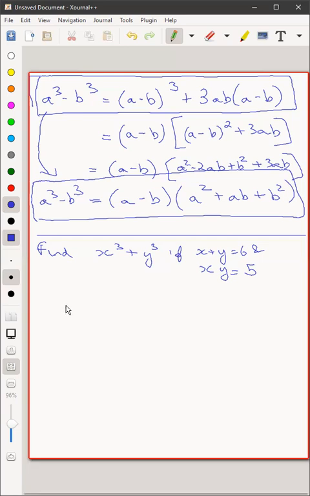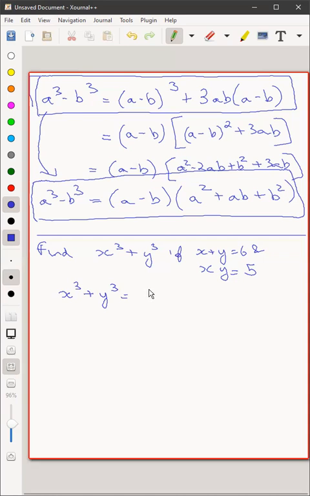Samita, let's solve this. Yes, sir. Tell me. Which identity do we use?